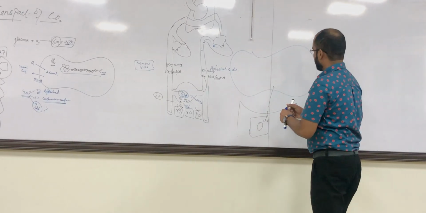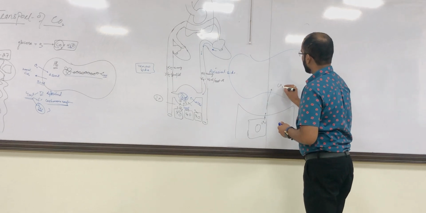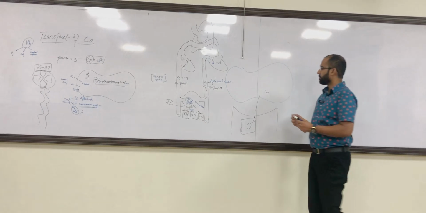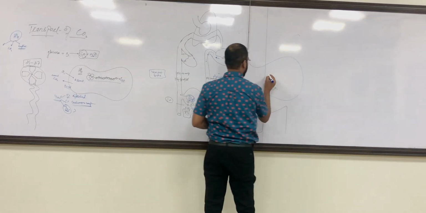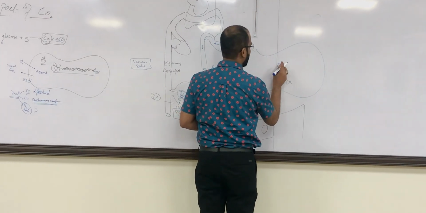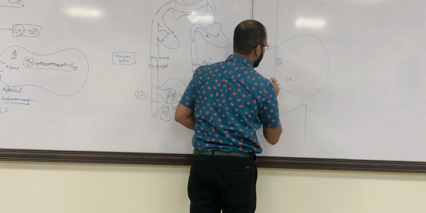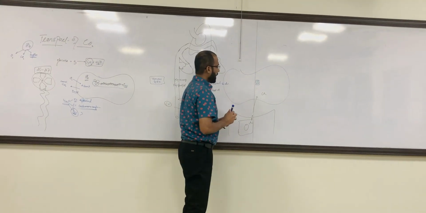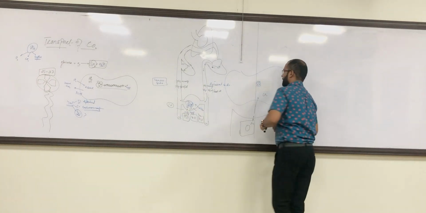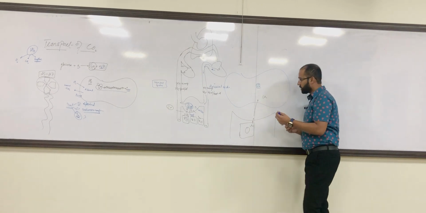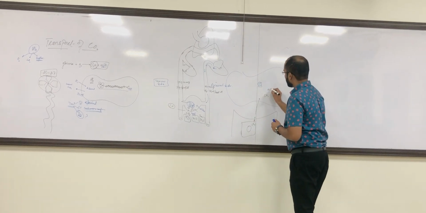Once the carbon dioxide pressure rises in the cells, there is an enzyme present in the RBCs, and I will tell you its name later. These enzymes love to fuse carbon dioxide with a water molecule. Of course, there is a water molecule present over there.